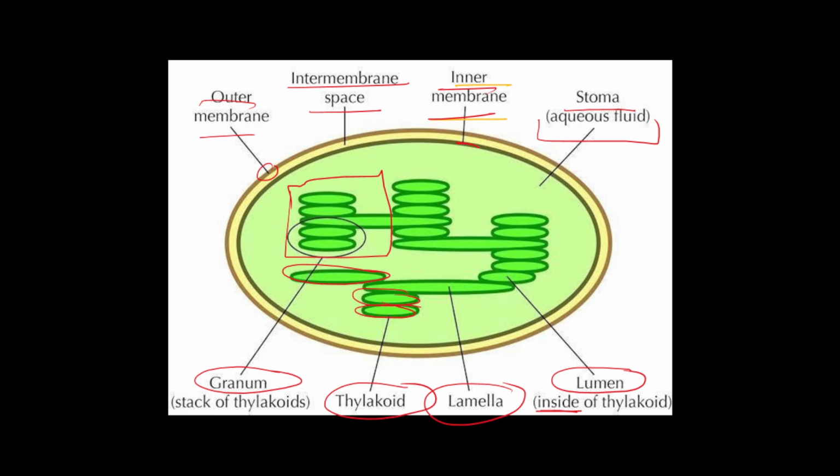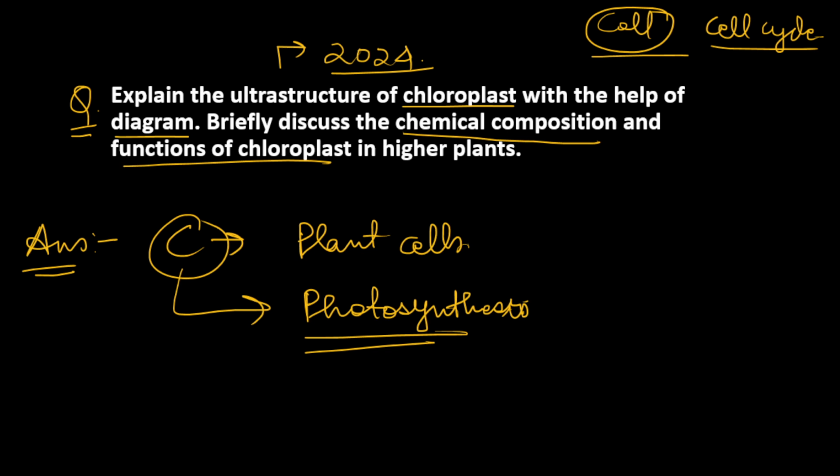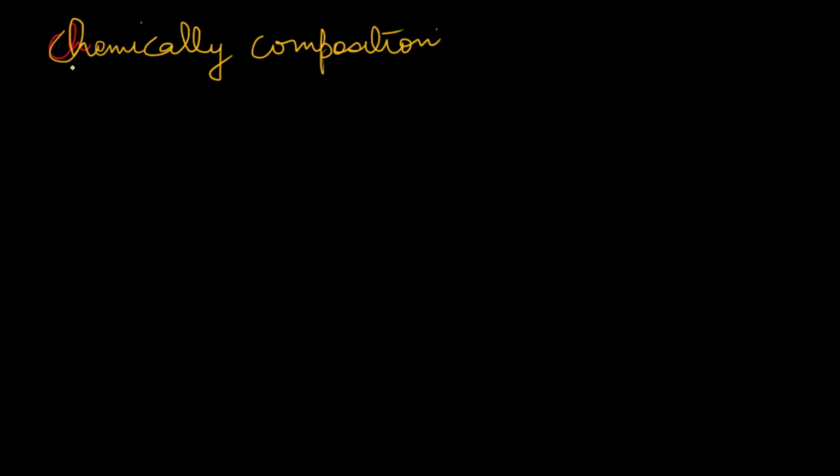Now we will see the chemical composition of chloroplasts. Chemical composition, that is what are the things present in chloroplast which are chemically doing something or which have some chemical composition. First of all we have lipids.